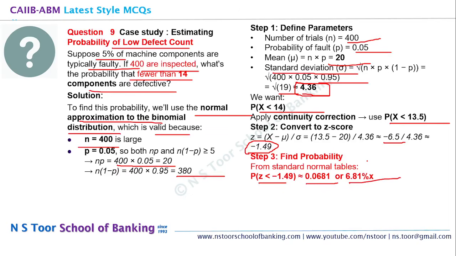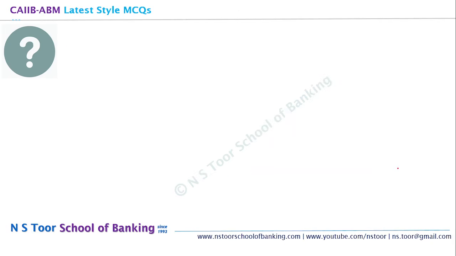So the probability that fewer than 14 machines will be defective is 6.81%. Instead of the 5%, it will be 6.81%. So 6.81% will be our answer for this question.